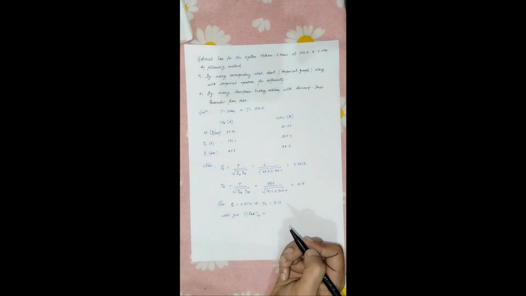So I'll show you where the graph is and how we have calculated. Just a minute, I'll take out the copy. Where is this? Okay, so I hope you all are able to see.